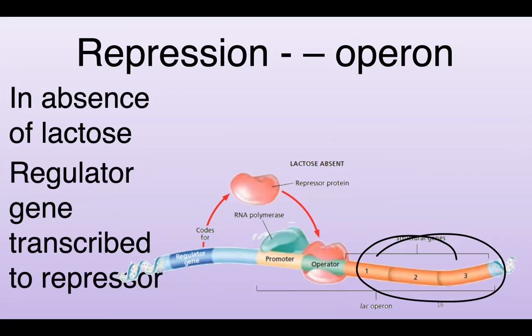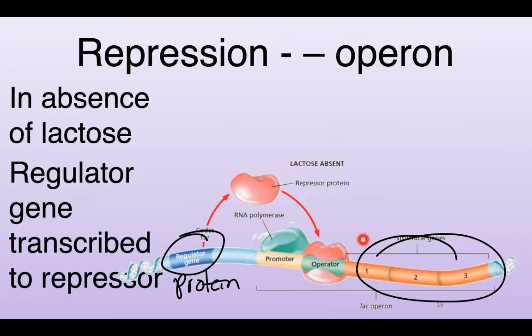The regulator gene is transcribed, because it comes before everything else. As it's transcribed, it produces the repressor protein, and the repressor protein binds to the operator. Now, RNA polymerase cannot bind to the promoter, cannot transcribe these genes.